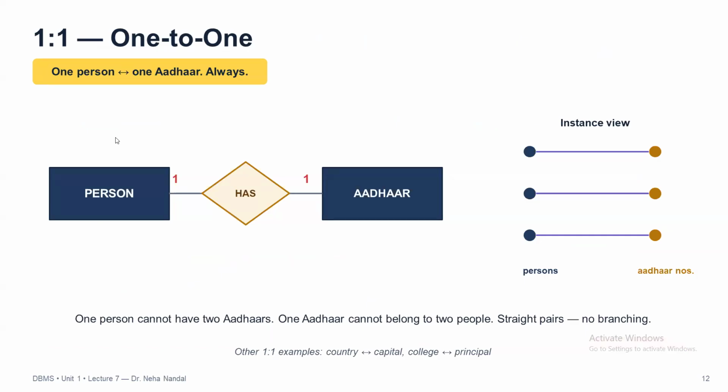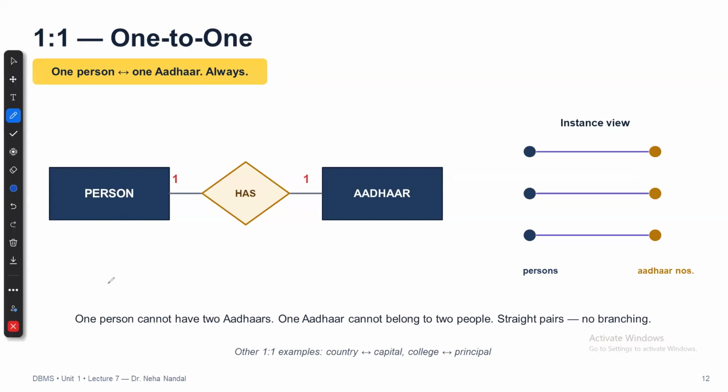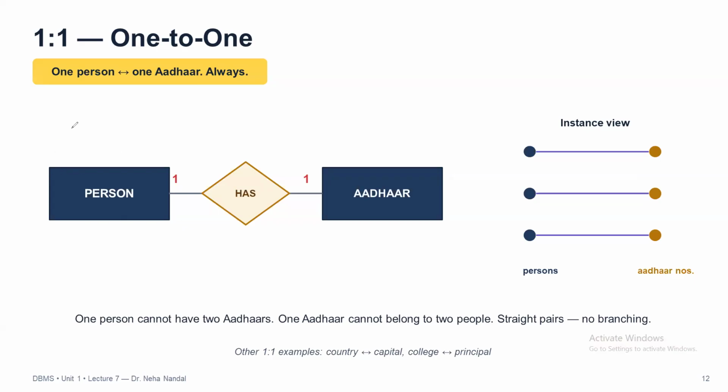Suppose we have two entities. One is person, another one is Aadhaar. That is one of the very good examples of one-to-one cardinality. One person will have only one Aadhaar card, and one person will have only one Aadhaar number also, you can say. That is an identity of a person. One person's identity cannot be taken by another person.